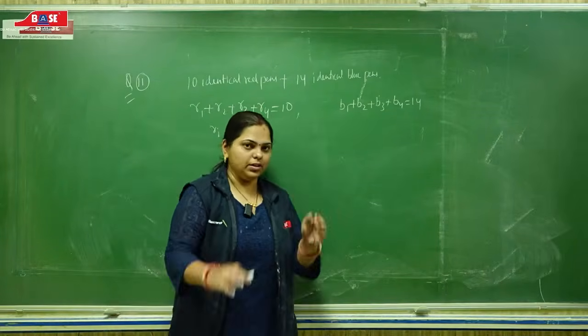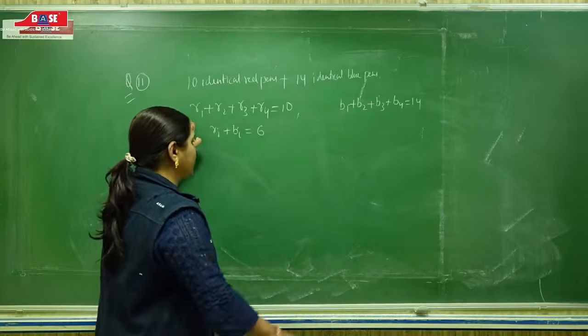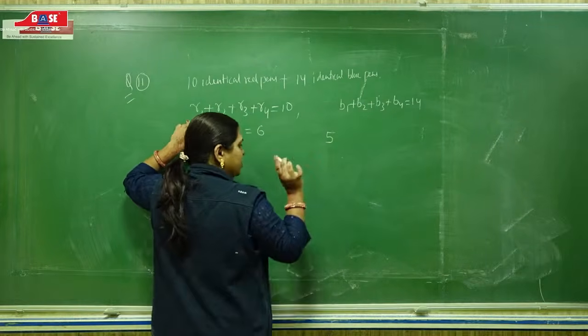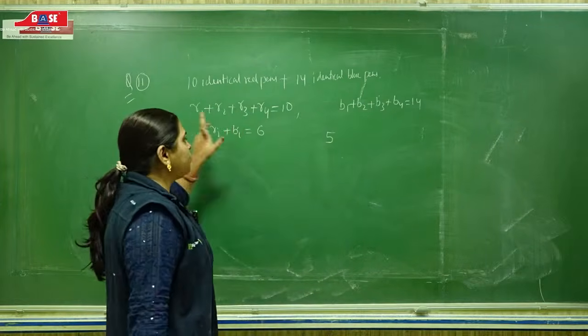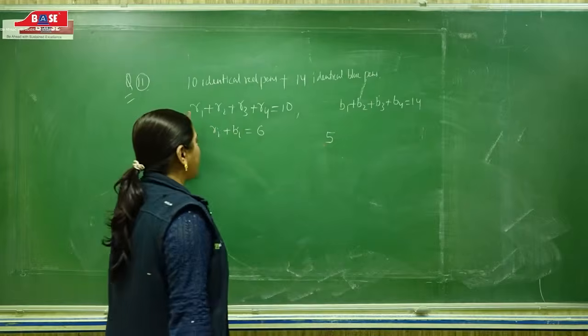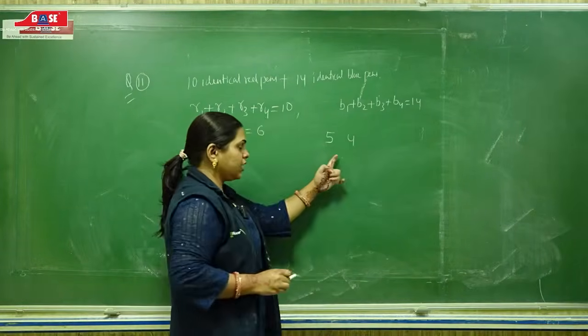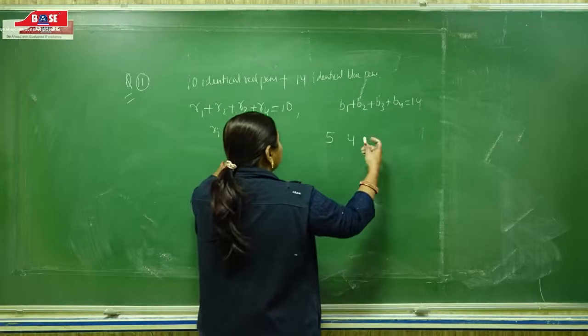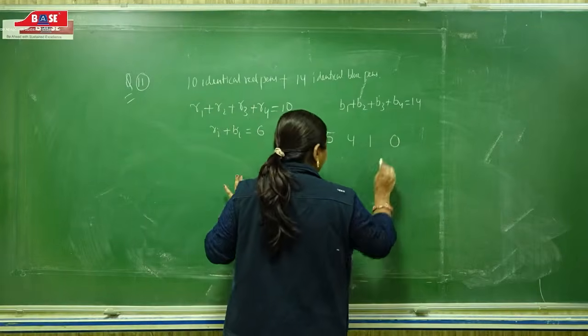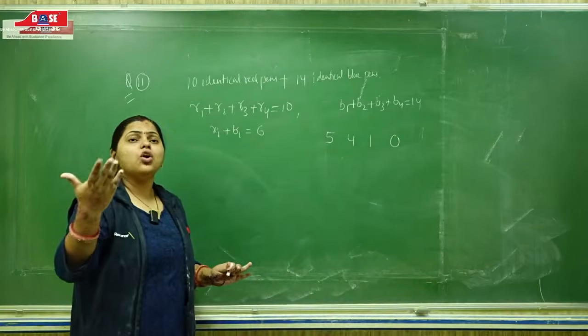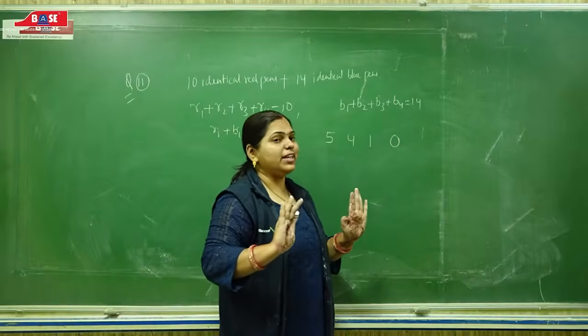For example, suppose I give R1 5 objects, R2 4 objects, R3 1, and R4 0, leaving 14 blue pens.